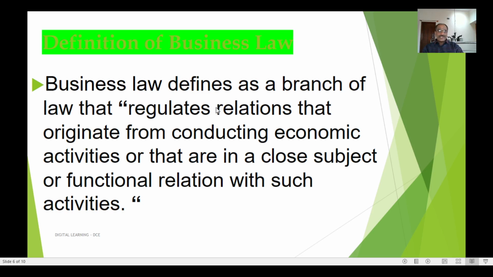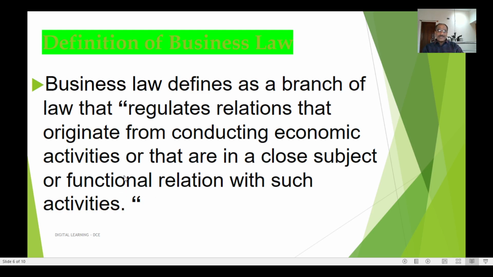It is mentioned in the business law that the relations originate from conducting economic activities, that is, at the time of doing the business. So what type of law and what rules are to be followed by the business people are mentioned in the business law, in close subject or functional relation with such activities.